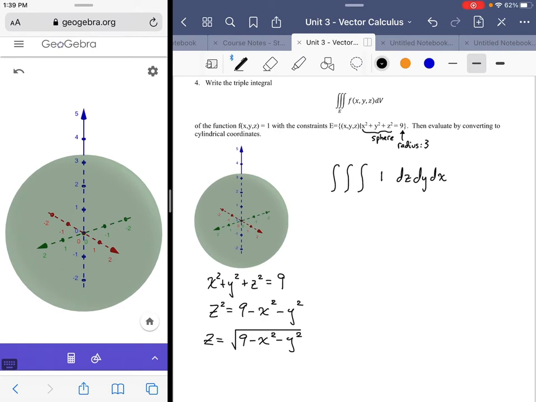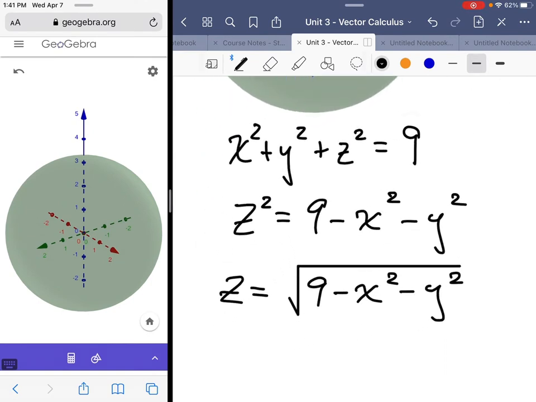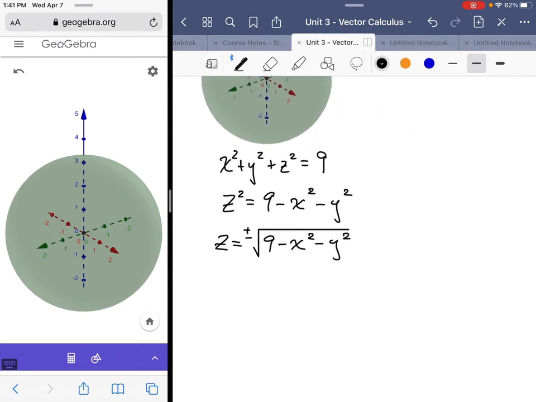If we integrate from the negative radical to the positive radical, that would give us everything from the bottom half to the top half. But what we could also do is break this up into more reasonable components. We know this is the same as saying plus or minus, but we also know that a sphere is fully symmetrical.